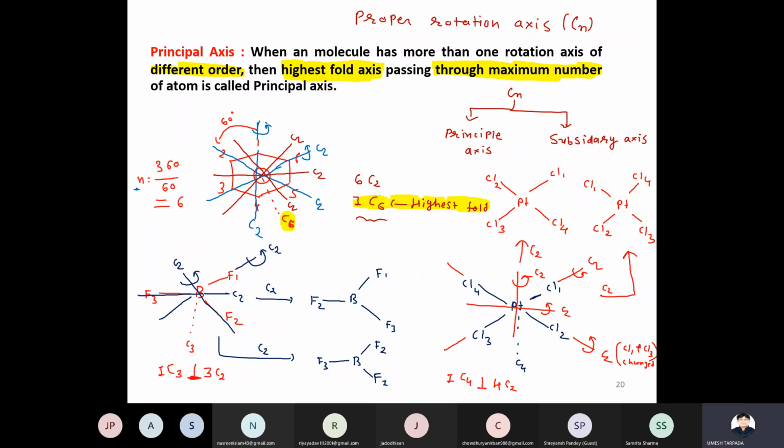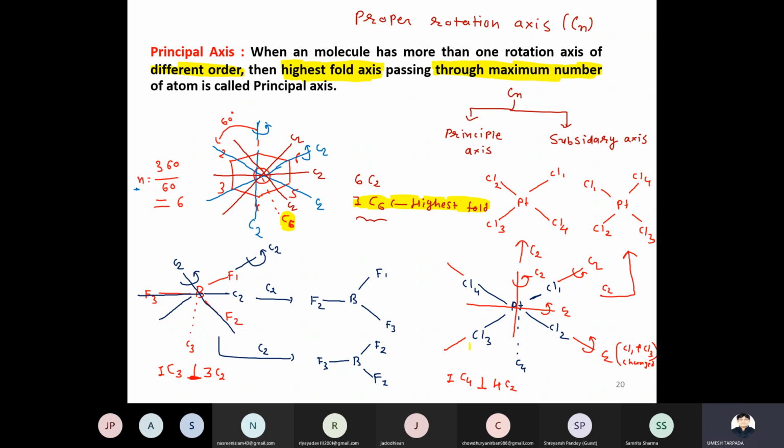I am not asking the number, not that there are 6 C2, I am not asking how many C2 there are. I am asking what fold is C2? One C2 means two-fold. C6 means six-fold axis. Okay, so the highest pole axis passing through maximum number of atoms, which is called principal axis, that is C6, and remaining all axes are subsidiary axes. So C2 is a subsidiary axis.